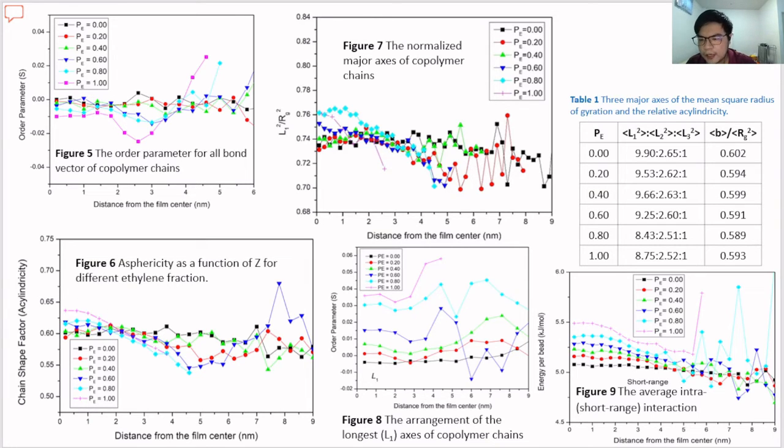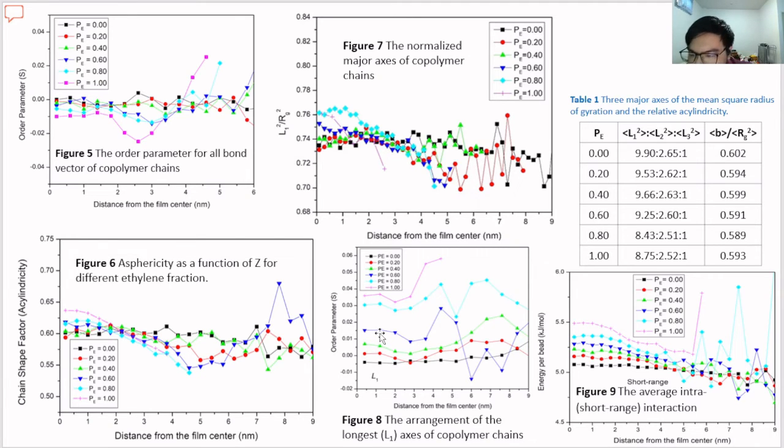This result is related not only to the monomer content but also to the confinement from the impenetrable free surface. Figure 7 shows that the molecular size, or radius of gyration (Rg), in the normal direction becomes smaller along the distance from the film center, and it decreased in the region close to the surface.